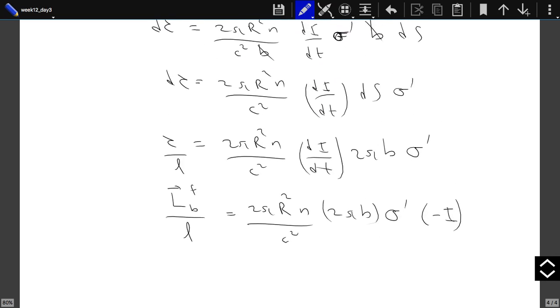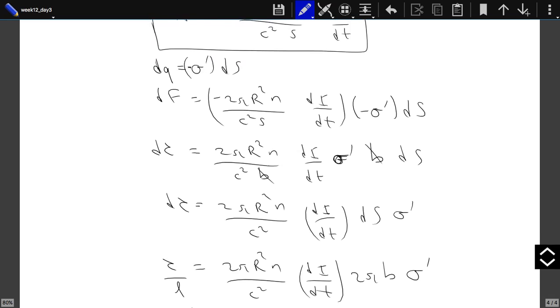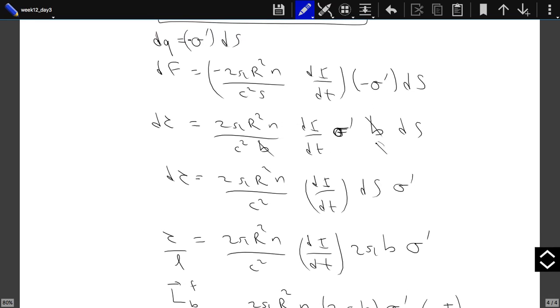Okay, so where are my mistakes? Which one? This one. We see torque is equal to R cross F. Magnitude of R is equal to b.